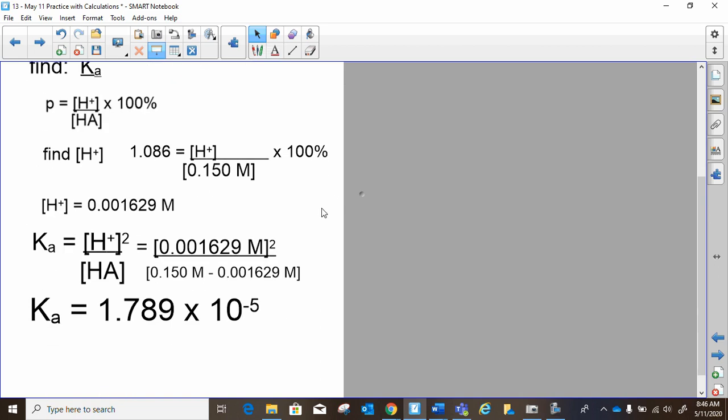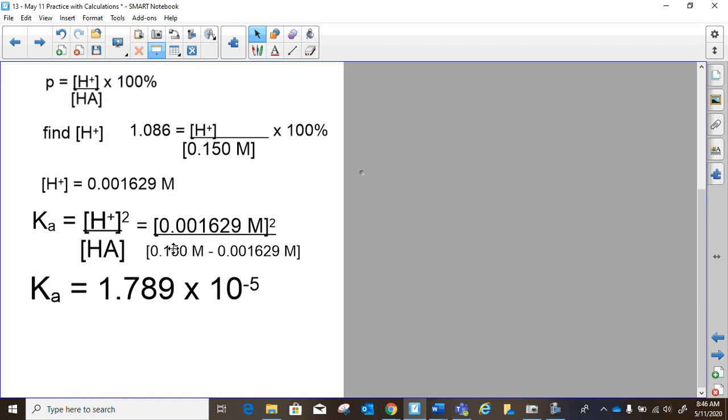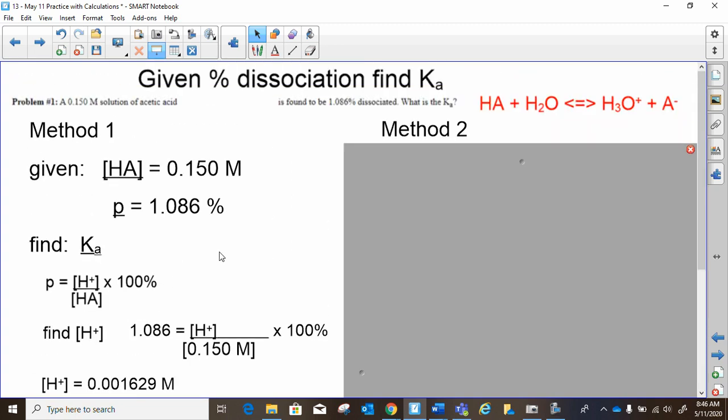Now, this is method 1, this is method 2, and here's how they differ. If I wanted to, I could say I'm starting out with this as a concentration of acid, and it breaks down. How much does it break down? Well, if I know how much hydronium and acetate ions are forming, I know how much HA was lost. Because where is it going? It's being lost to form these two ions.